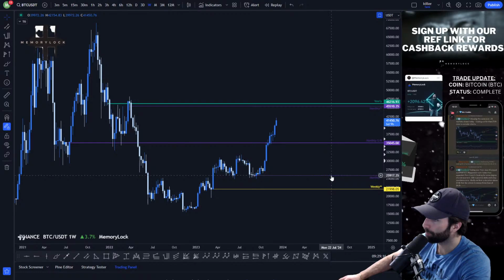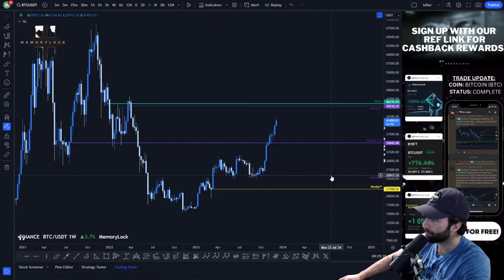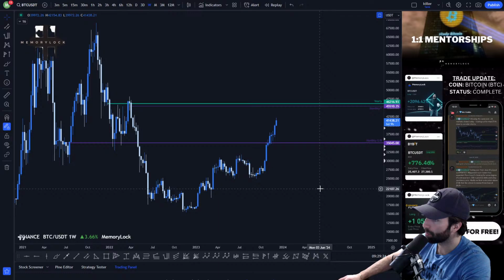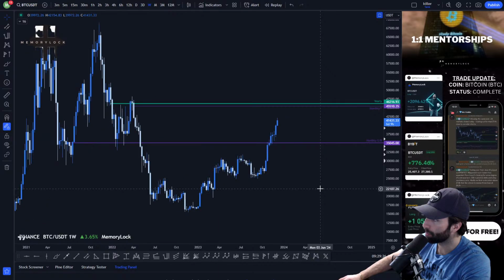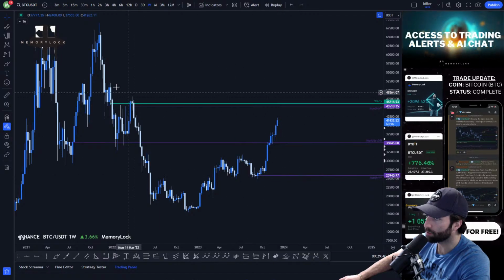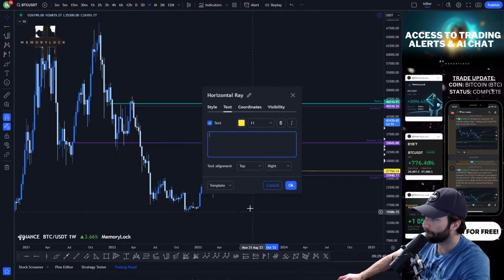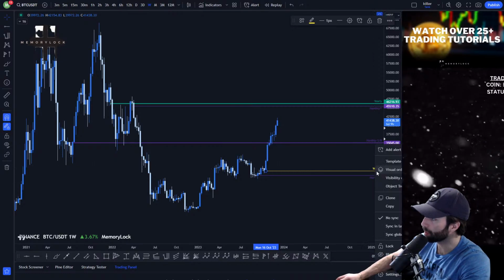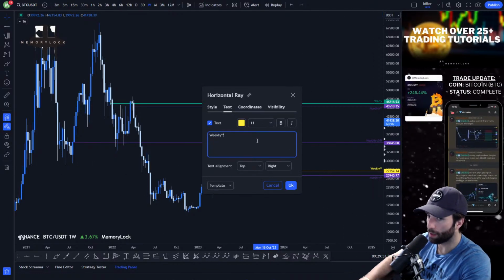I'm going to get rid of these as well. I'll leave that for now. There are really no key weekly levels. We do have a new one right here, but with the monthly so close, I'm not too keen on that one, but we'll mark it anyway. Mark that as a weekly, and that is also an untapped weekly.